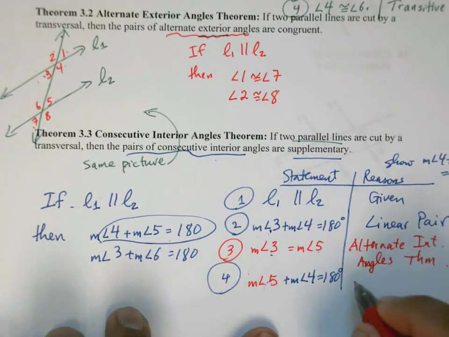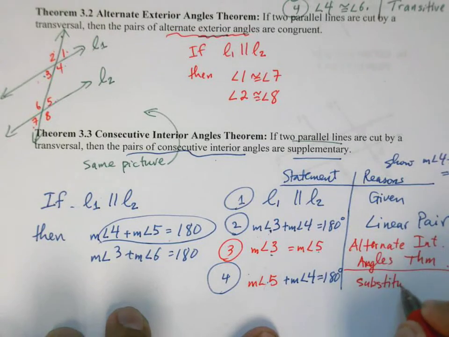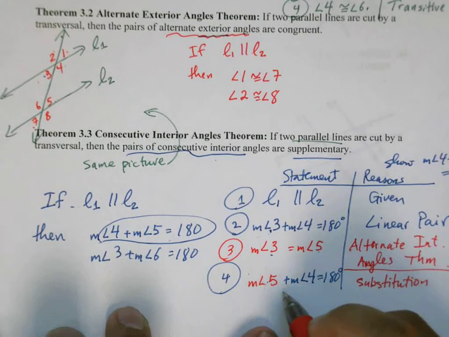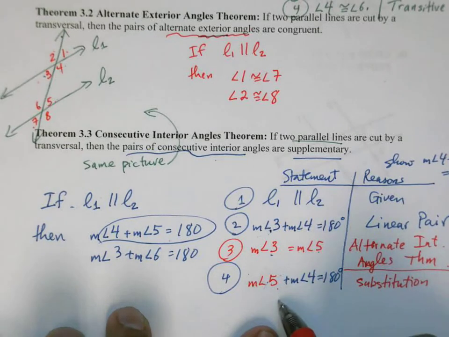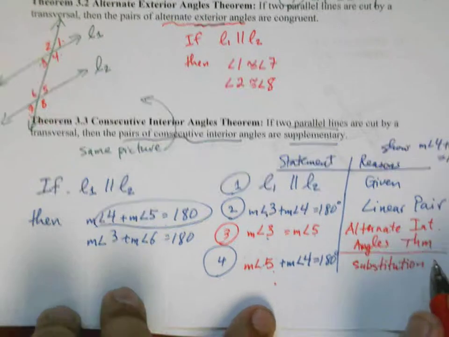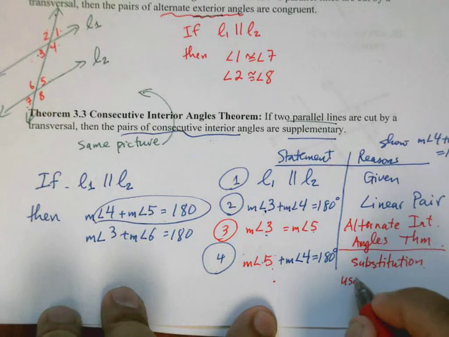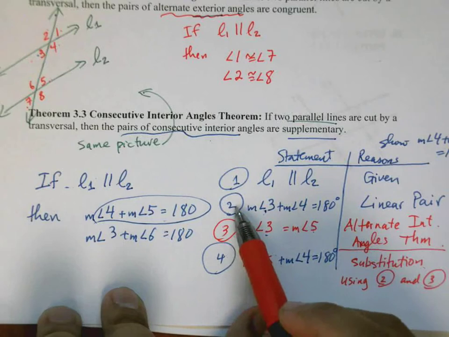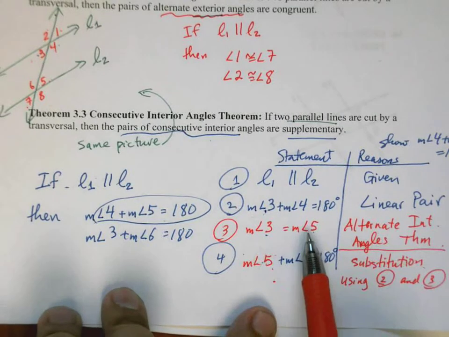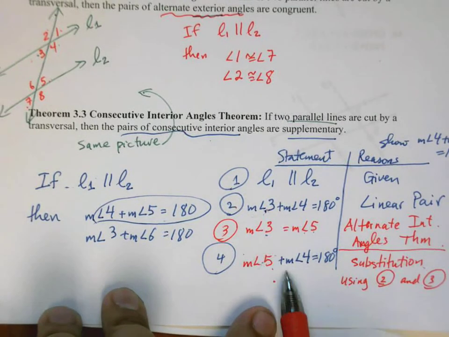And this is substitution. And now I'm done. This is essentially what we wanted to show. This is substitution using statement 2 and statement 3. So we take statements 2 and 3 and put them together, taking 5 and plugging it in for 3, we have this one. So there you have it.